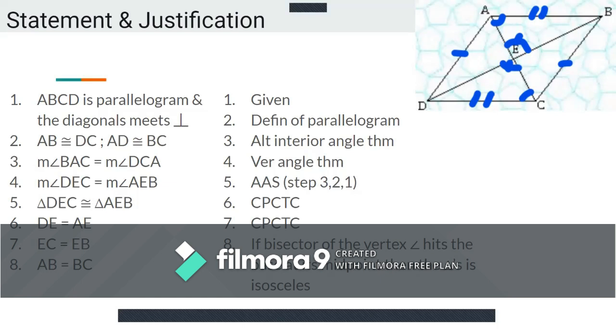That means this angle equals this angle, since we know side AE and side DE are equal to each other. So these two angles are equal to each other too, using the isosceles theorem. This rule also applies for lines AE, EB, and EC.